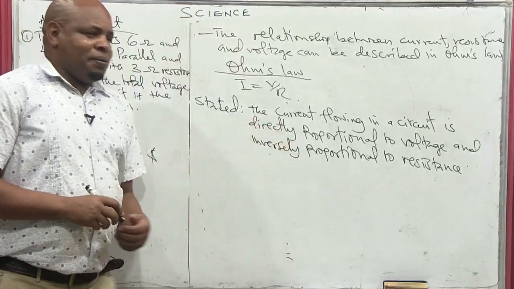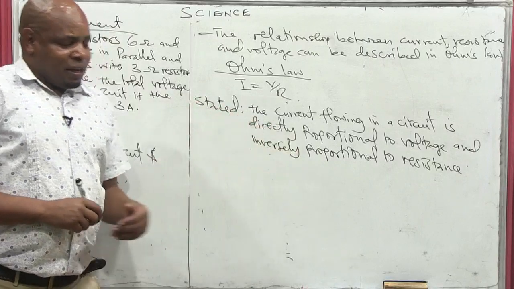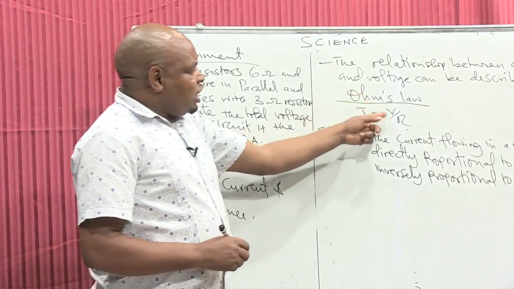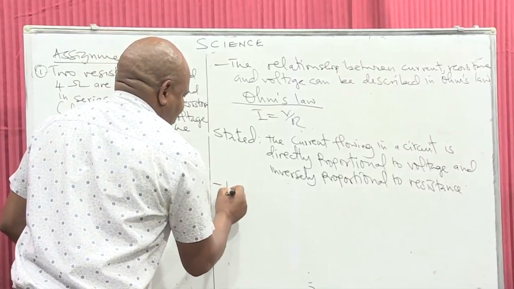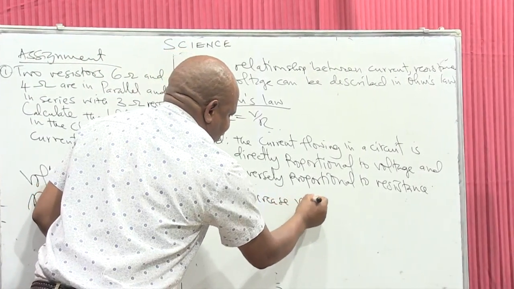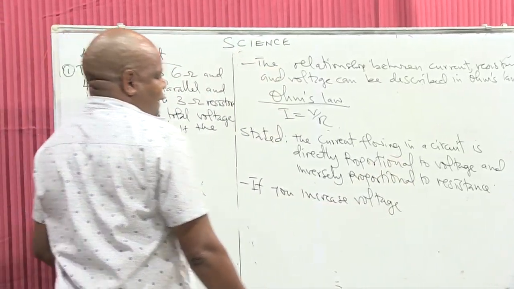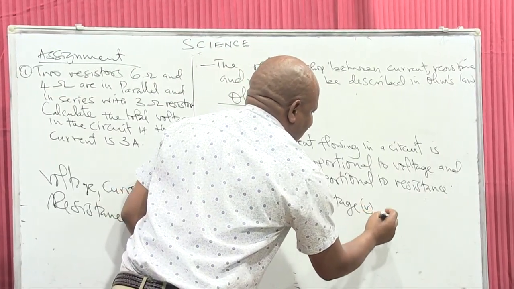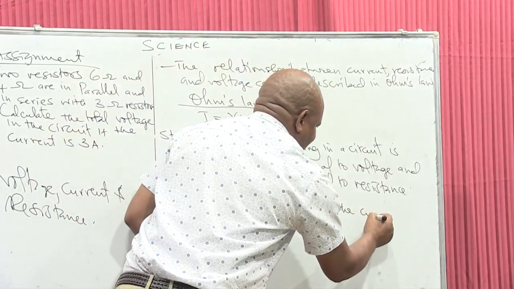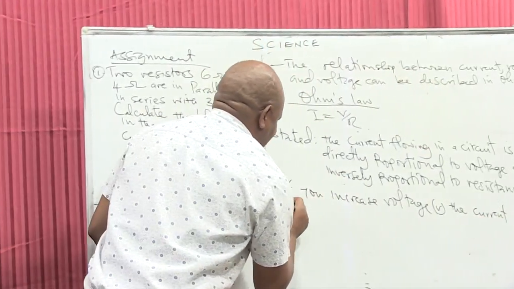So to wind up, or to make clear what's written here, that means if you increase voltage, V, the current will increase.